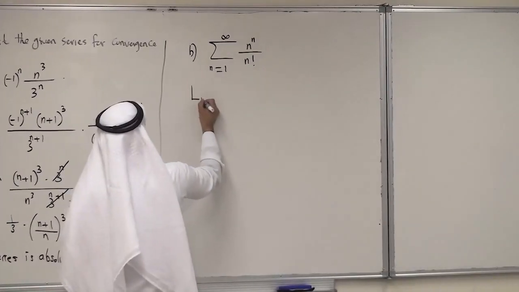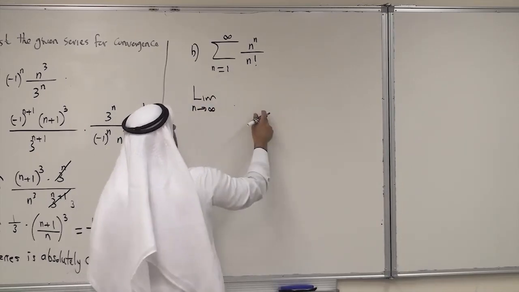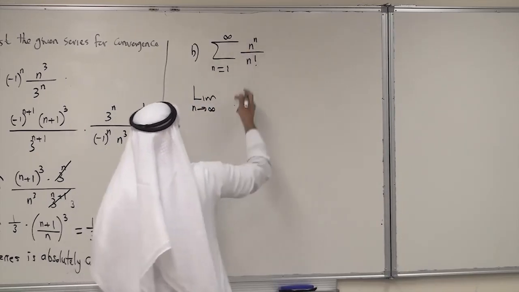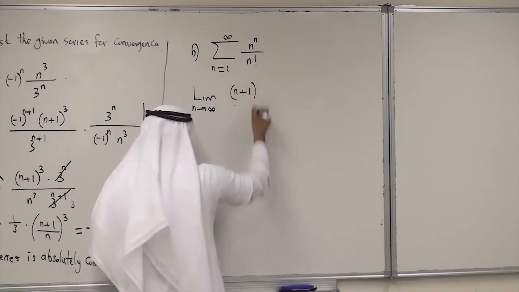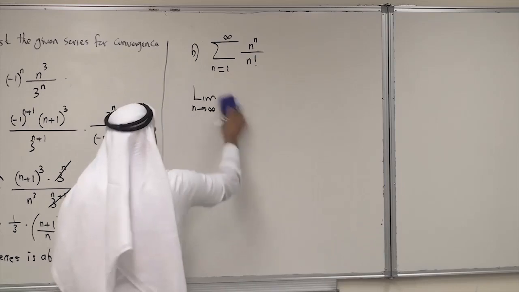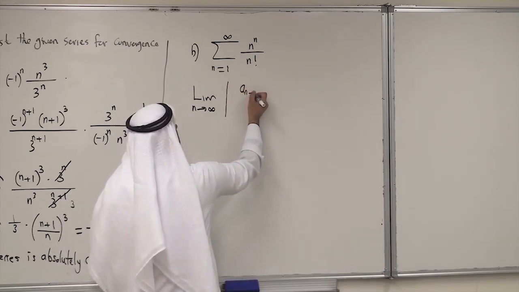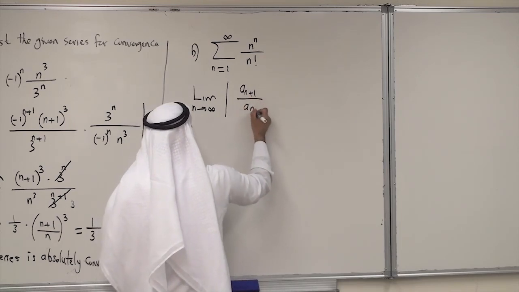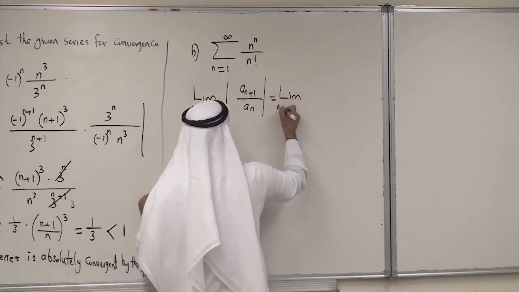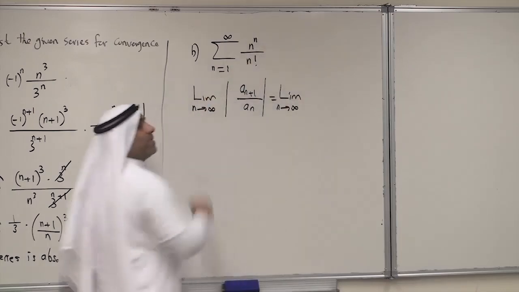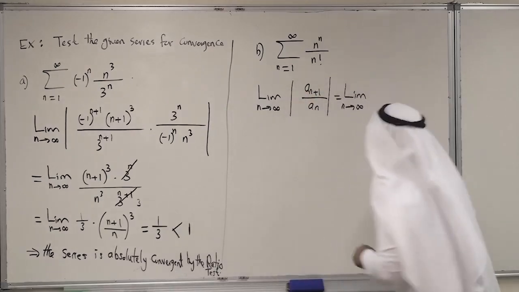We just evaluate the limit as n goes to infinity of the absolute value of a sub n plus 1 over a sub n, but these are positive terms, so it is enough to talk about a sub n plus 1. Okay, it's supposed to be a sub n plus 1 divided by a sub n. I removed the absolute value because all terms here are positive, so we don't need absolute value actually.